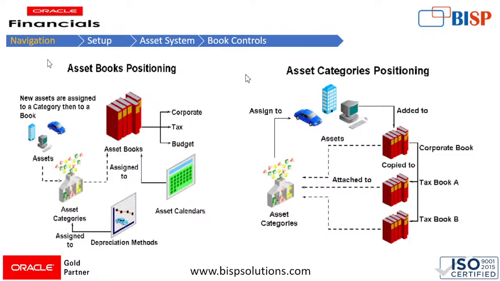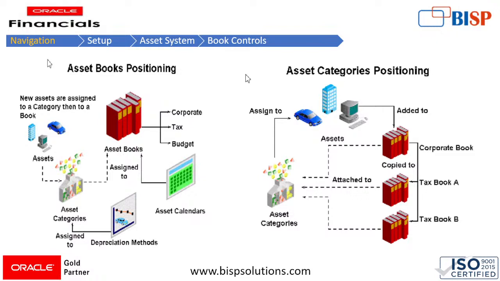You can set up an unlimited number of independent corporate books. Each book has its own set of accounting rules and accounts, so you can organize and implement your fixed assets accounting policies.